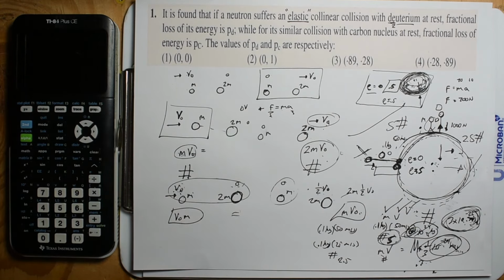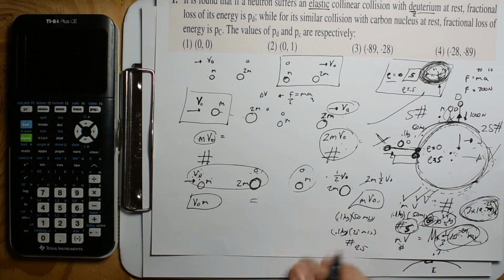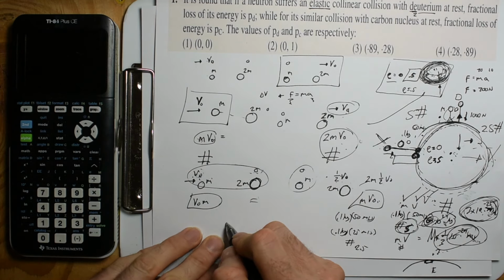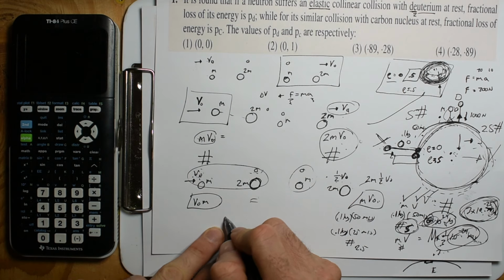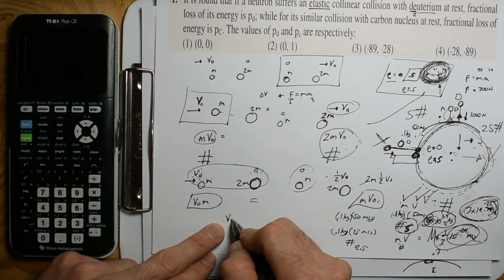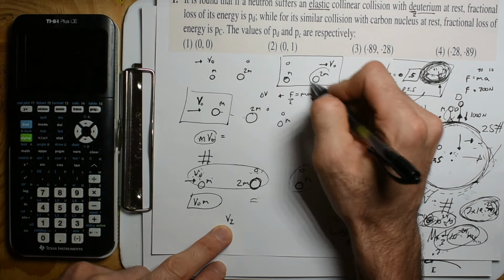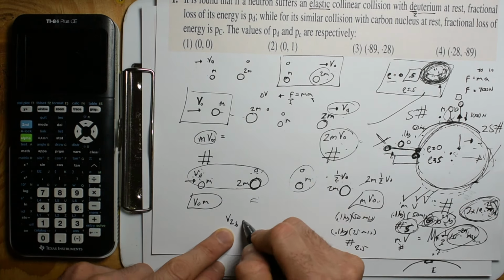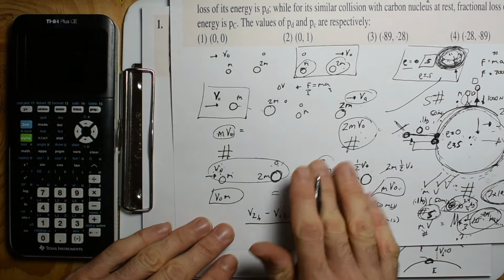Alright. And I know we're doing a good job because not once have I ever had to bring up the equation of coefficient of restitution. So coefficient of restitution says we have the velocity of the thing leaving, the velocity of this mass, we're going to call that V2 final, minus the velocity of this mass final, so V1 final, divided by... now we have to switch it.